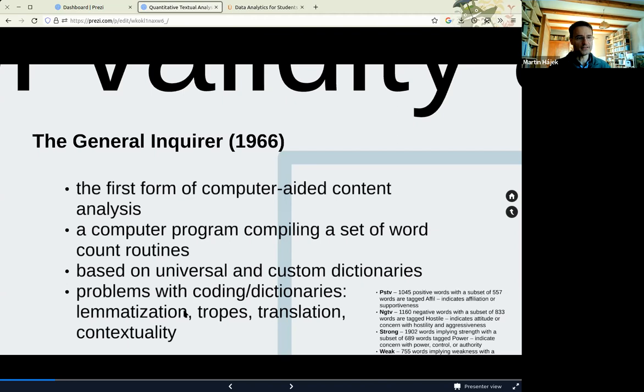This is not as big a problem because the advancement of lemmatization is still continuing, and I think it will become almost perfect in the future. But what is more difficult to cope with are tropes. If somebody says it's normal to lie, it is description or irony.